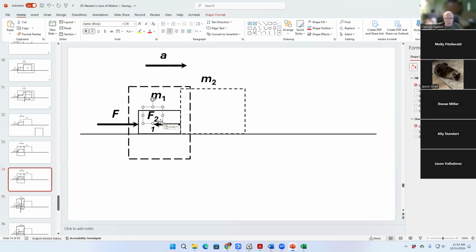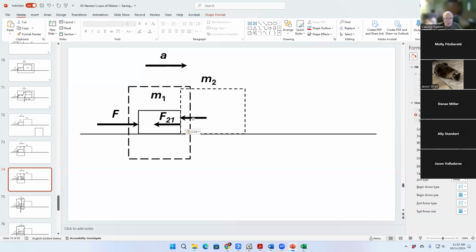Notice that I am using Newton's third law of motion in this specific case, because there is a force of 2 applied to 1, there must be a force of 1 applied to 2, right? Let's do that. I'm going to illustrate this force, and I'm going to make it dashed.